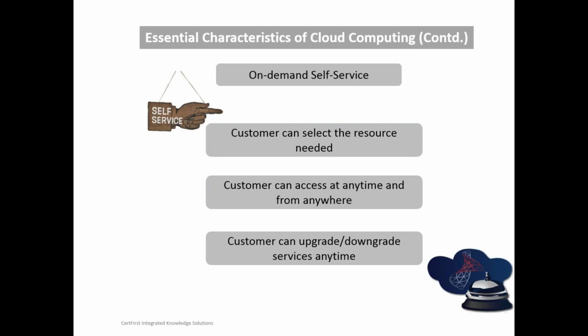On-demand self-service means you as a customer should be able to select the resource that you want. You want to create an email account, or you want to create a server or a database or a directory or a folder or a storage. Well, you select it and you get it, right? And on top of that, you should be able to access it from anywhere at any point in time.